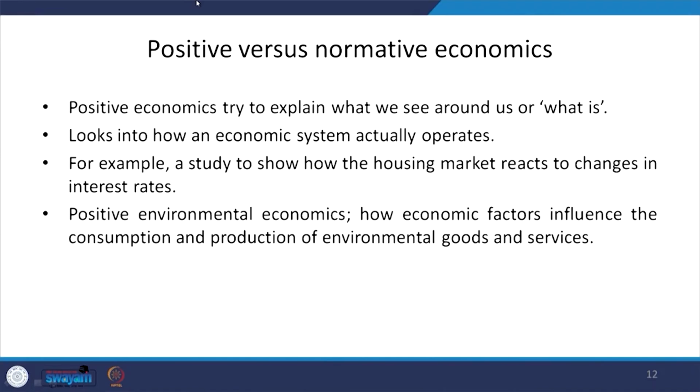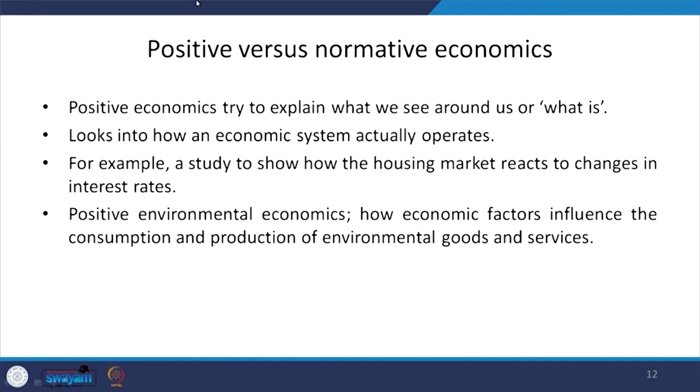Those goods which are outside the market are a major challenge, and environmental economics deals with such challenges. How to develop a demand for environmental goods which cannot be traded in the market because of the nature of these products? Then, policy response to solve the environmental problem.